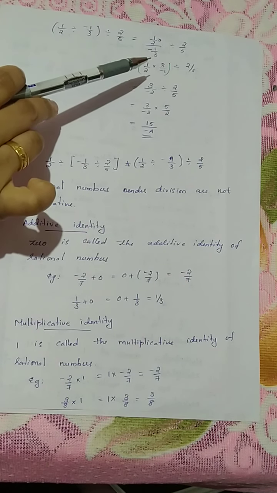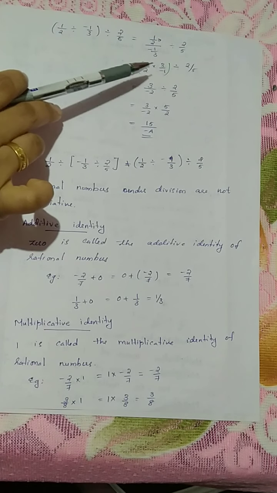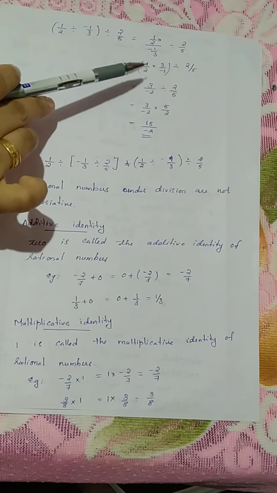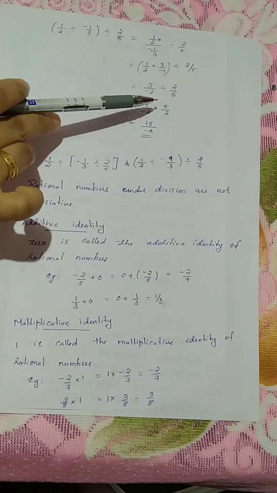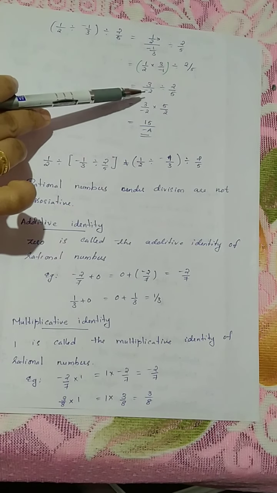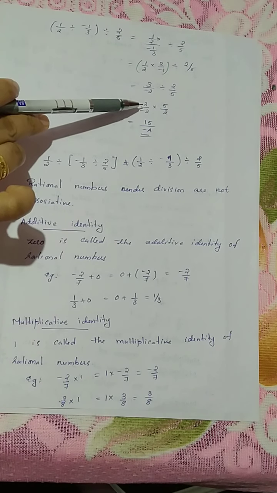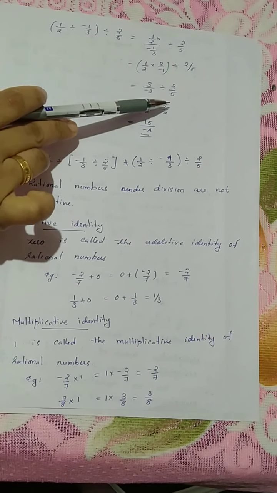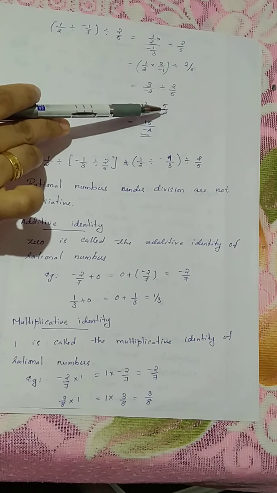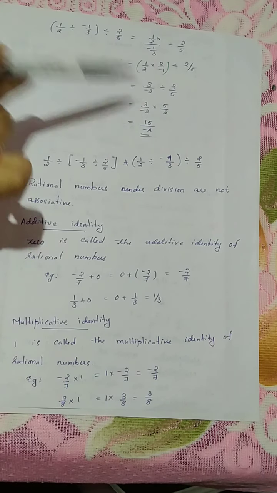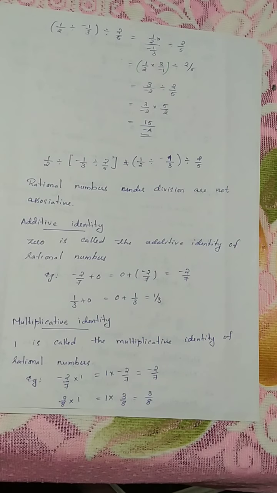So 1 by 2 into 3 by minus 1 divided by 2 by 5. That is 3 divided by minus 2 divided by 2 by 5. Can be written as 3 by minus 2 into the reciprocal of 2 by 5, which is 5 by 2. That is 15 divided by minus 4.